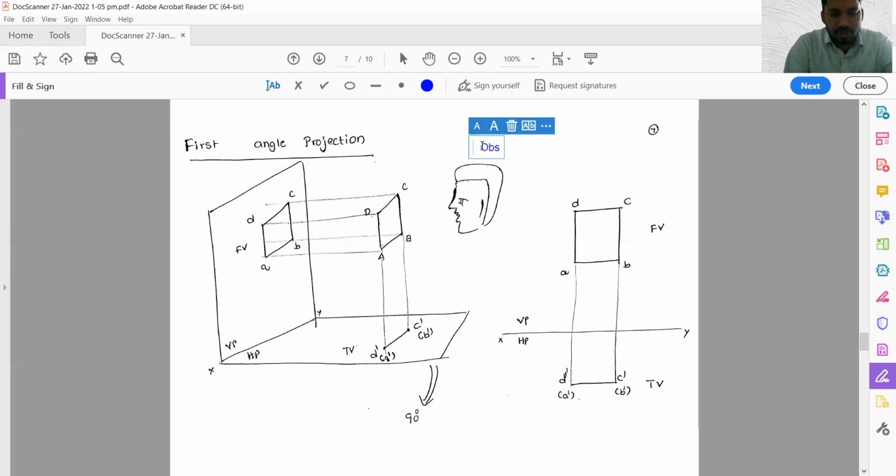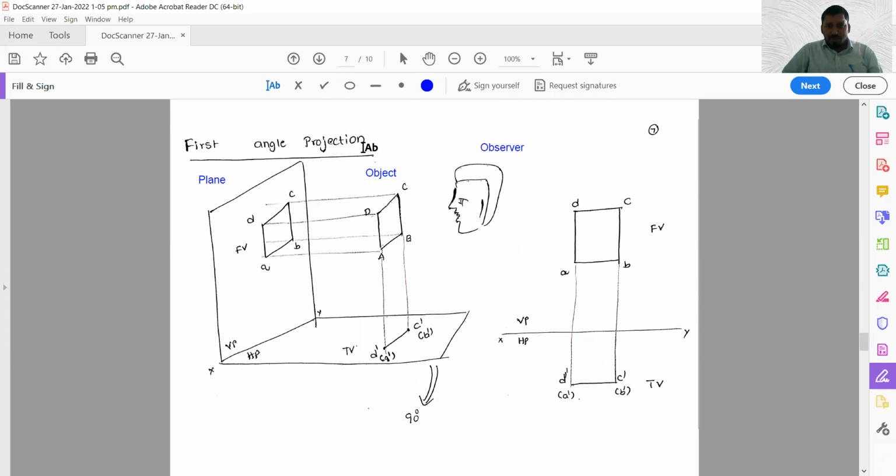Observer is here, and this is plane. In between, I have placed the object. Observer is going to see the object. If observer sees in straight direction, the image of object ABCD is located here.